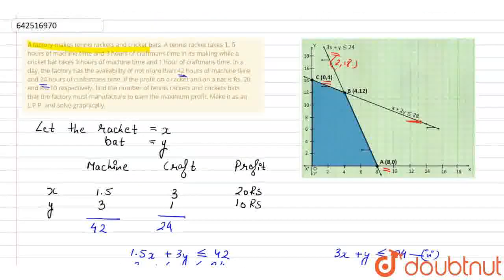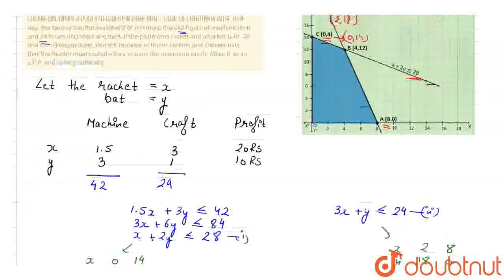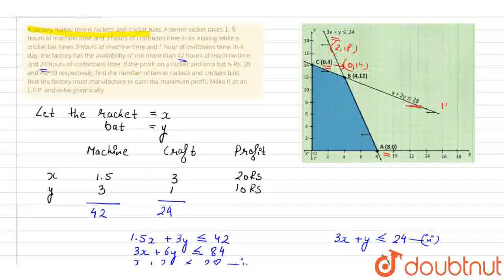This is 0, 14 and this one is 14 comma 7. We'll be making straight line of both of these coordinates and we get the point of intersection as 4 comma 12.